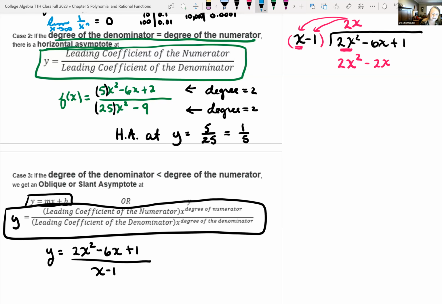So here I'm going to subtract this off. We have 2x squared, this is really minus 2x squared, which cancels and gives a 0. And then if I distribute my negative, I really have negative 6x plus 2x, which gives me negative 4x.